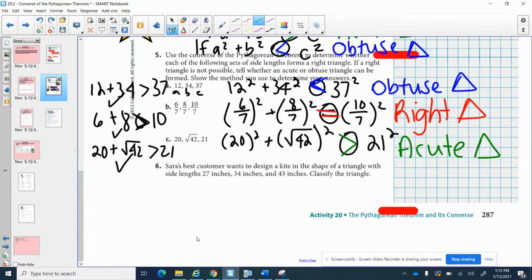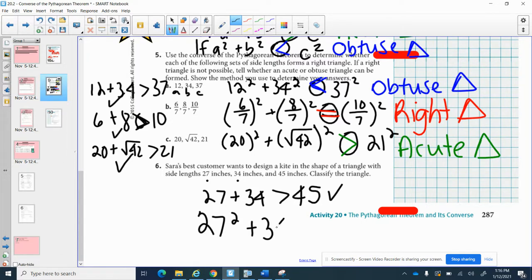Couple more examples. If we look here, we have this customer who has a triangle with these inches. What do we notice? Is this even a triangle? Classify it. Well, 27 plus 34 is in fact bigger than 45, so it is a triangle. And then when we test 27 squared plus 34 squared, how does that compare to 45 squared?